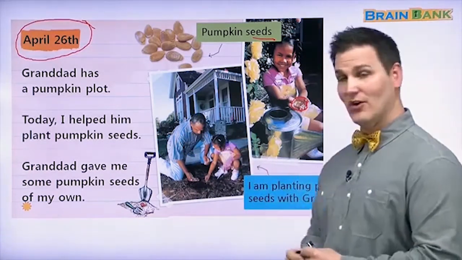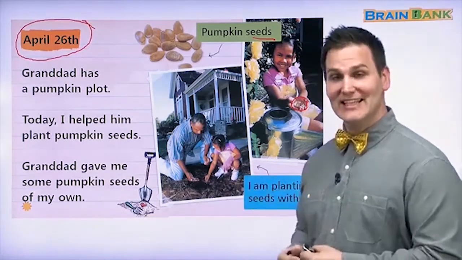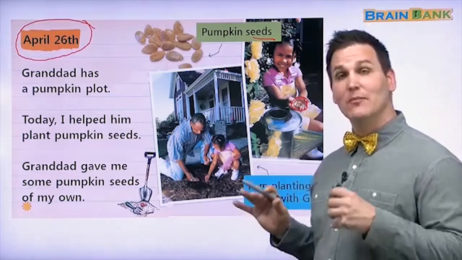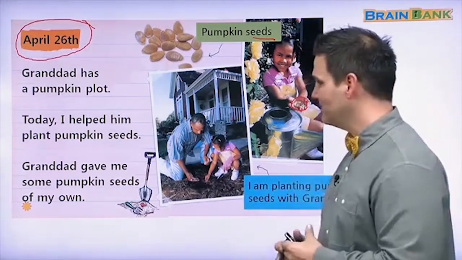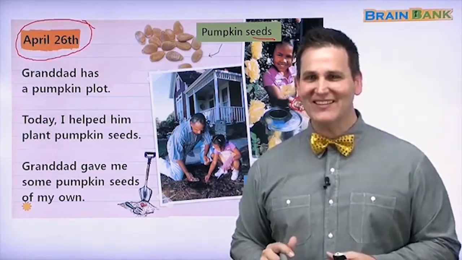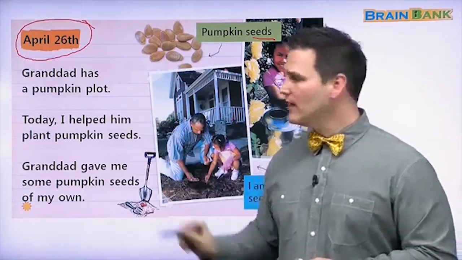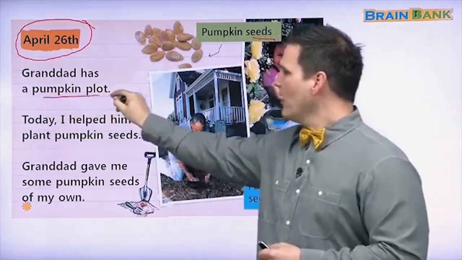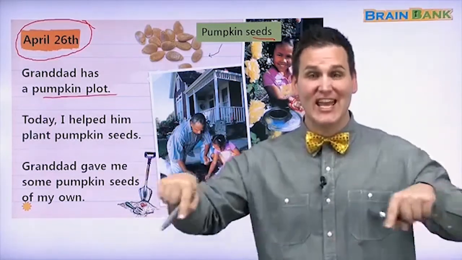and granddaughter. And what are they doing? They are planting the seeds. They are planting siat. Let's read. Do you have your reading glasses on? Granddad has a pumpkin plot. Pumpkin plot is an area of land.